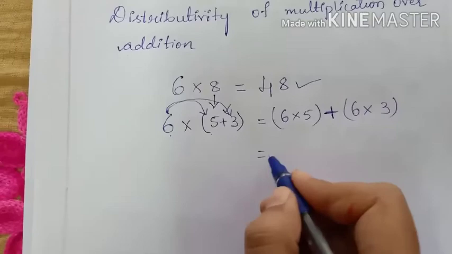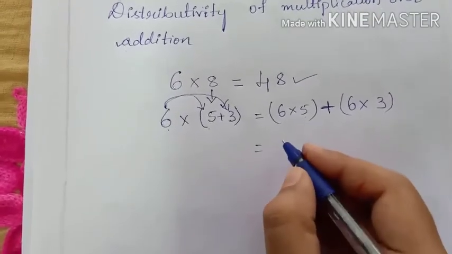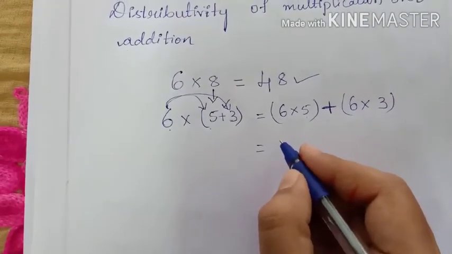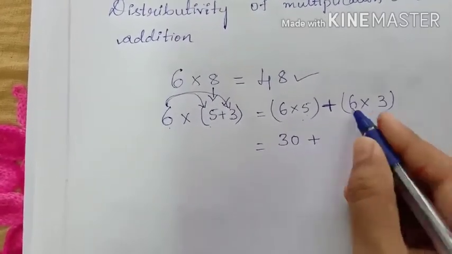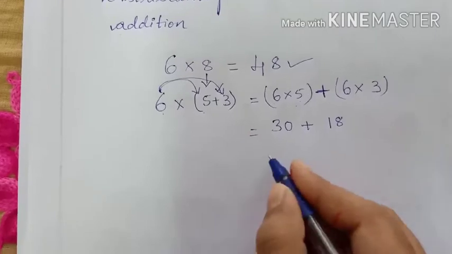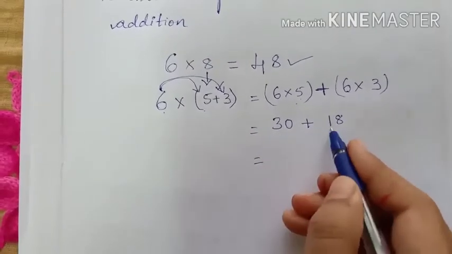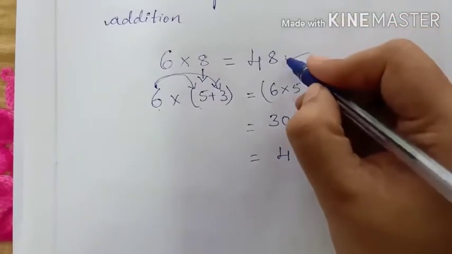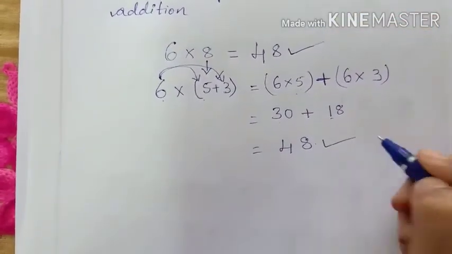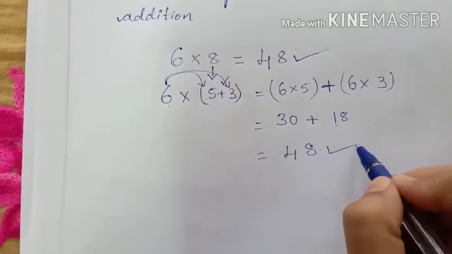Now solve. 6 5s are 30 plus 6 3s are 18. Add now. 30 plus 18 is 48. See the results, 48, and here it is also 48.